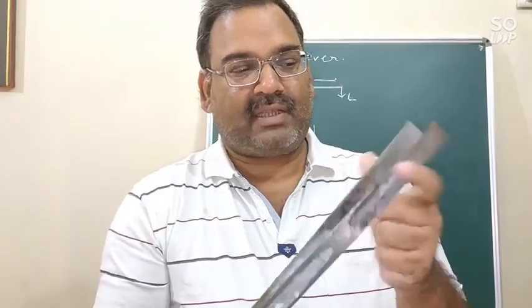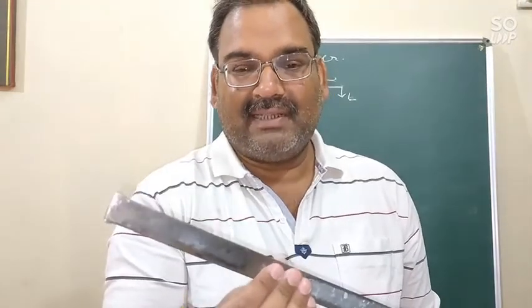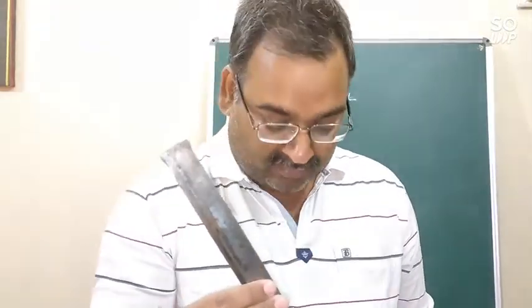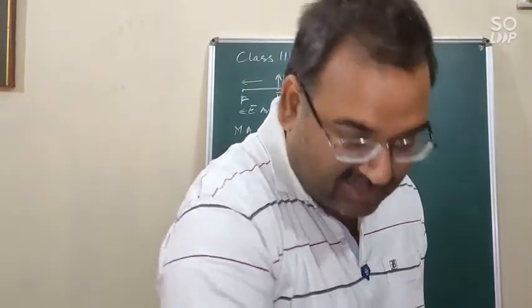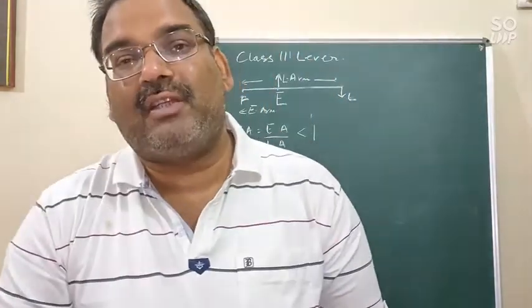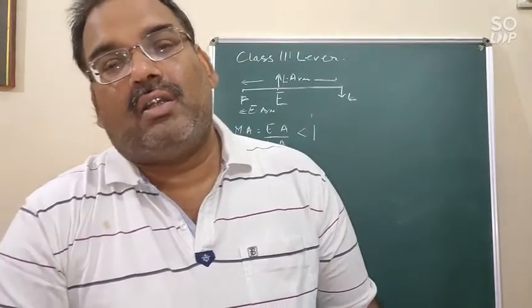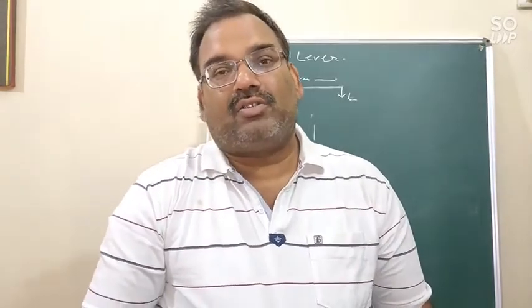Fulcrum. Here the chapati is being held and the effort is being applied at the center. So this is an example of class 3 lever. Then we have another class 3, a spade. A spade that is used for lifting the sand. It is also an example of class 3 lever.